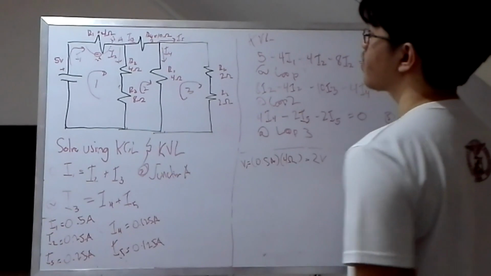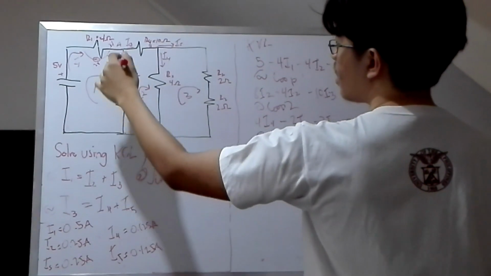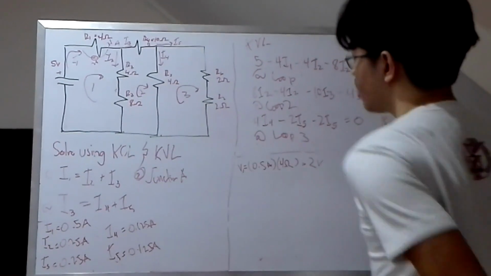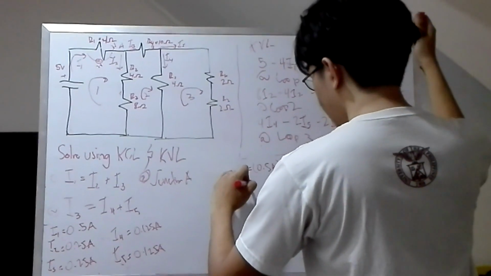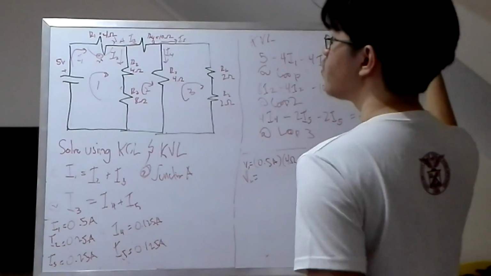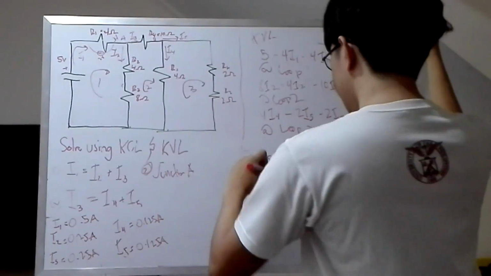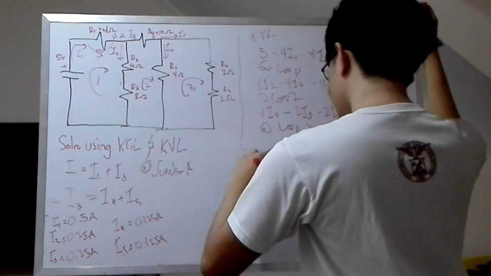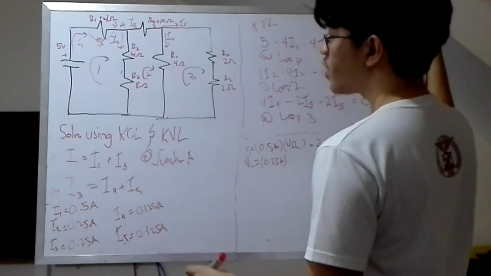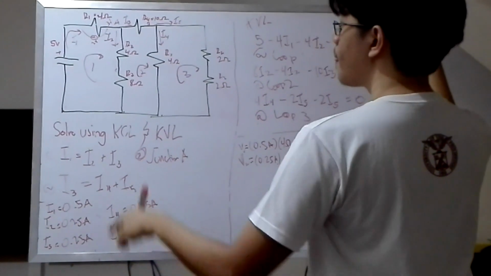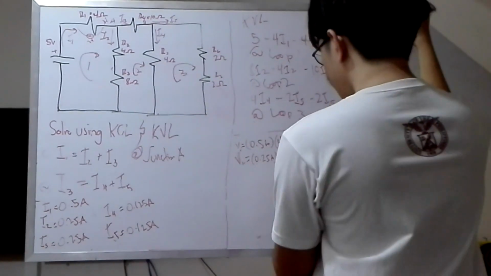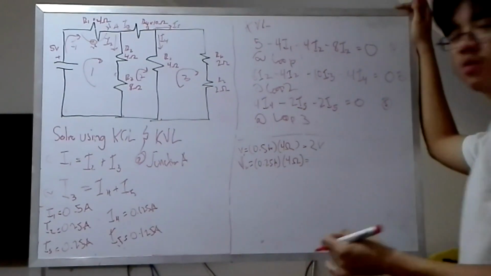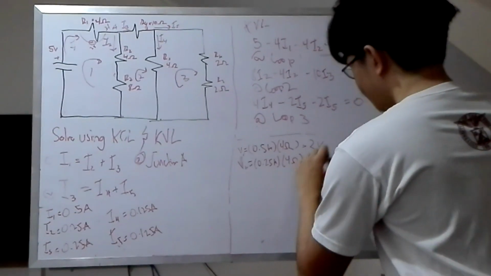In order to get the voltage across R2, V2 is equal to the current I2, which is 0.25 amps, multiplied by 4 ohms, which is equal to 1 volt.